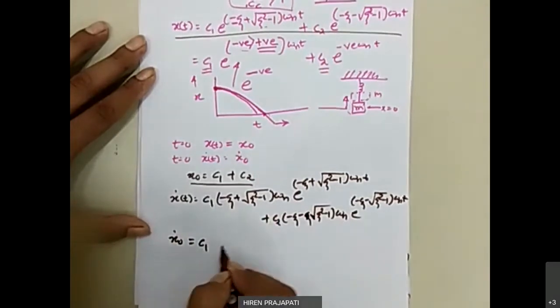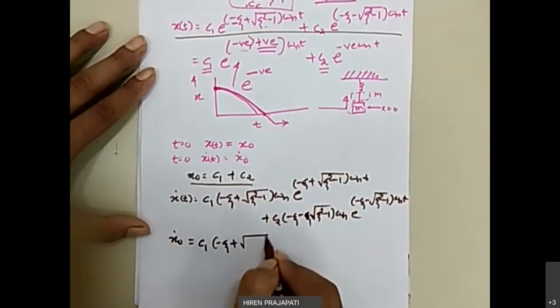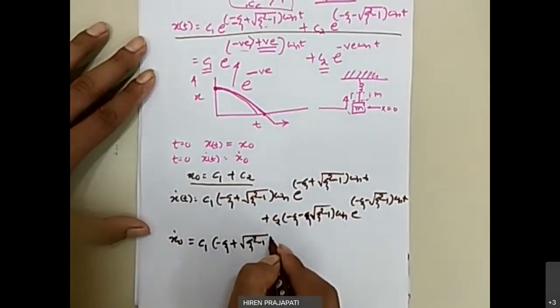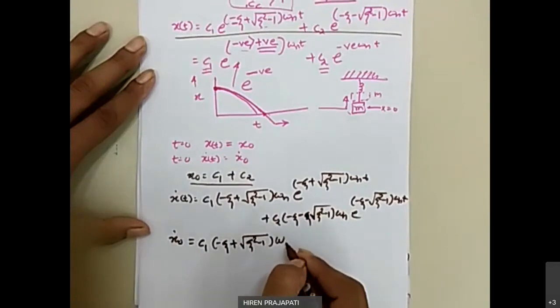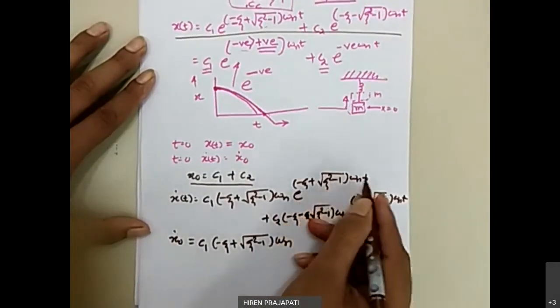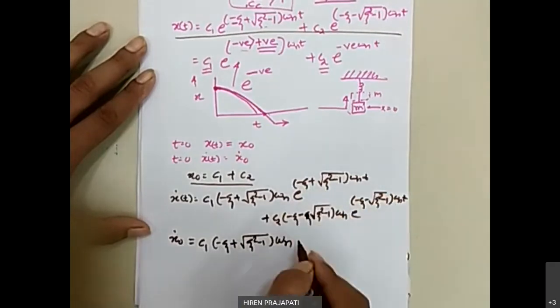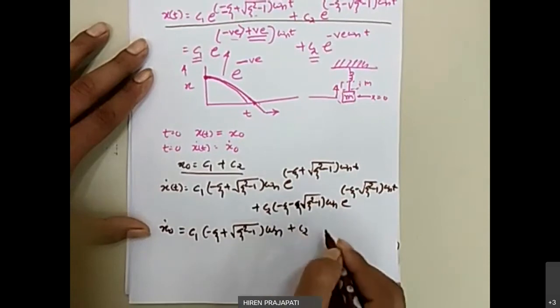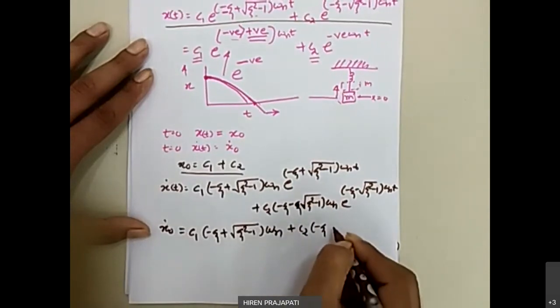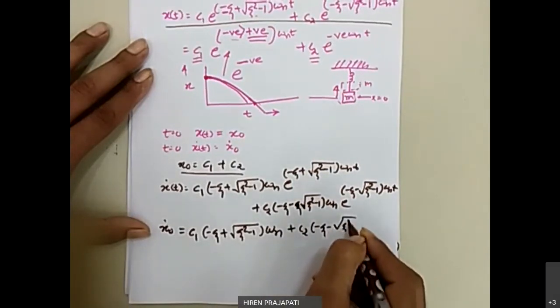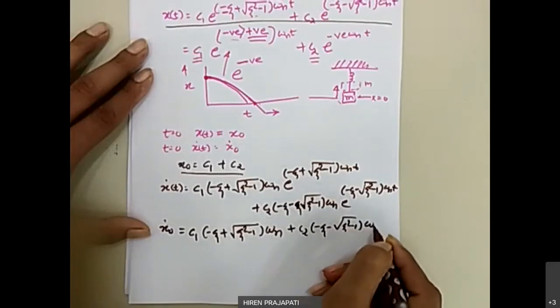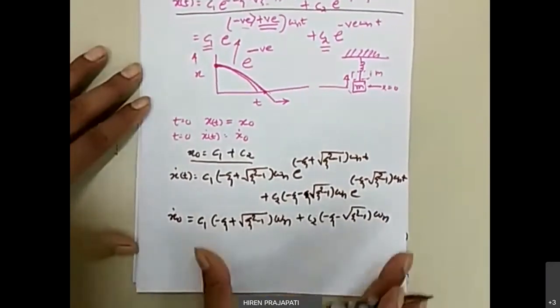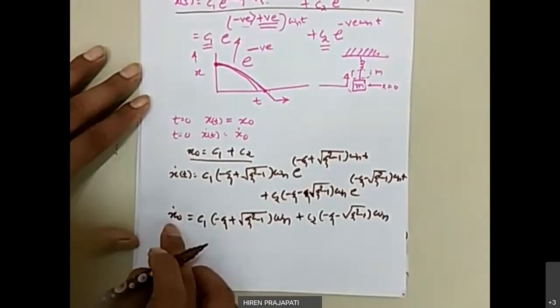So I write here c1 times minus zeta plus square root of zeta square minus 1, omega n, plus c2 times minus zeta minus square root of zeta square minus 1, omega n, right? So we got this as the velocity term.